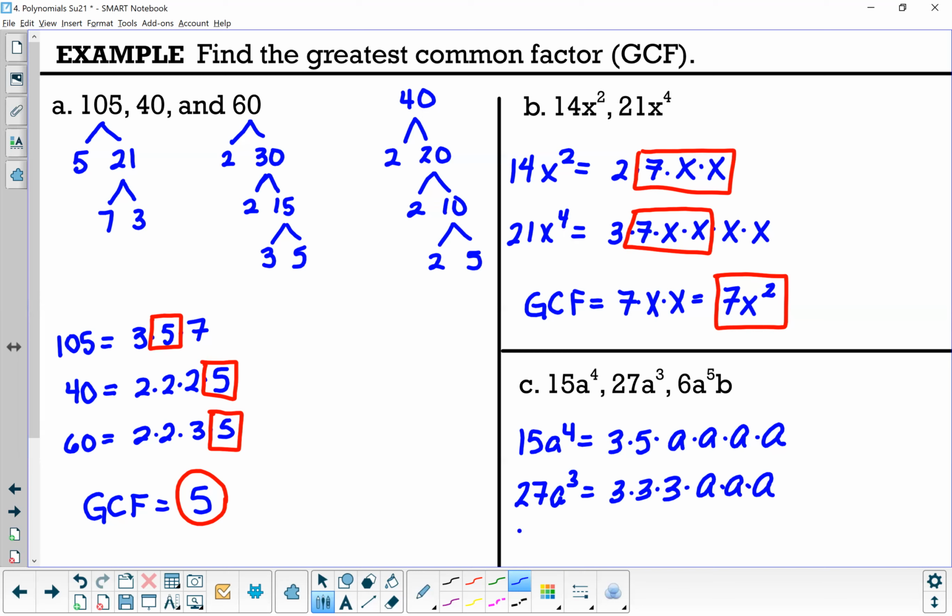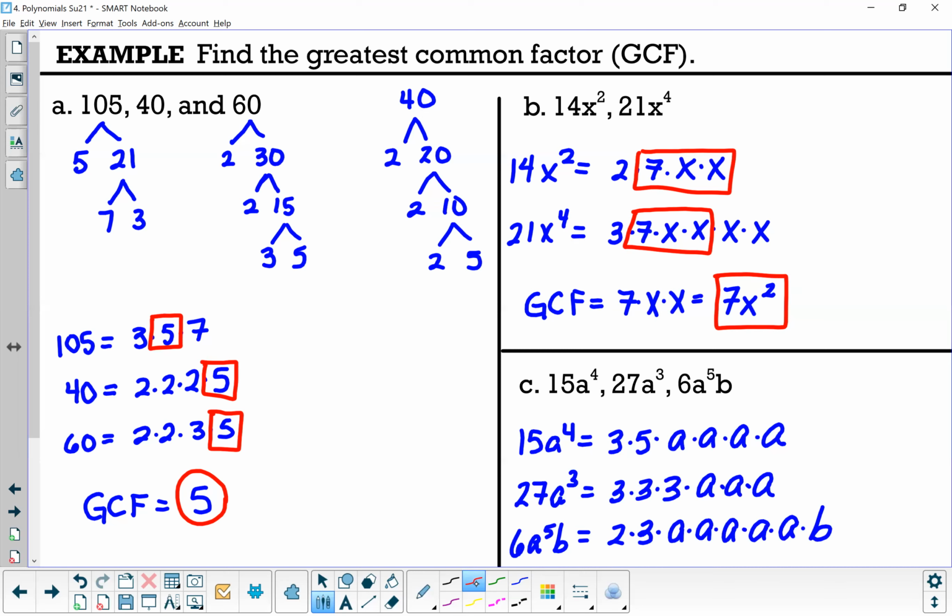And then 6a to the 5th b, we have 2 times 3 times a times a times a times a times a times b.